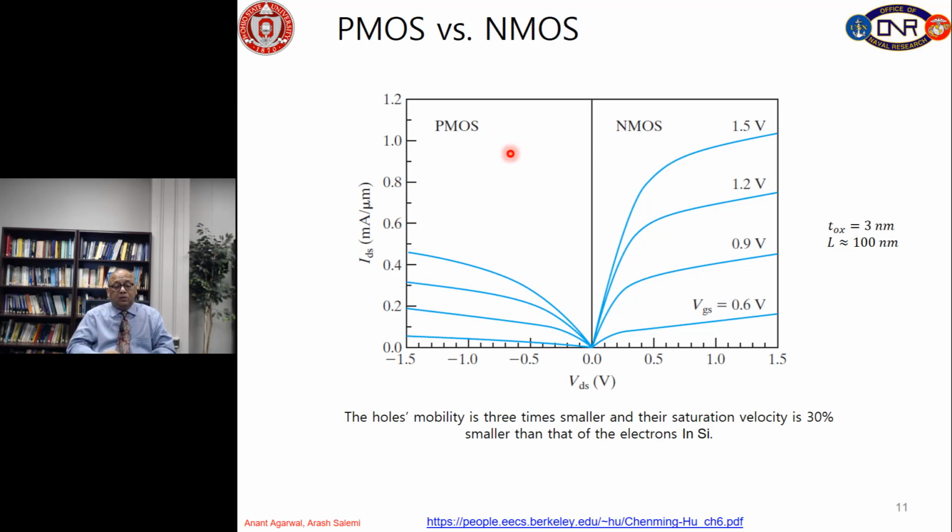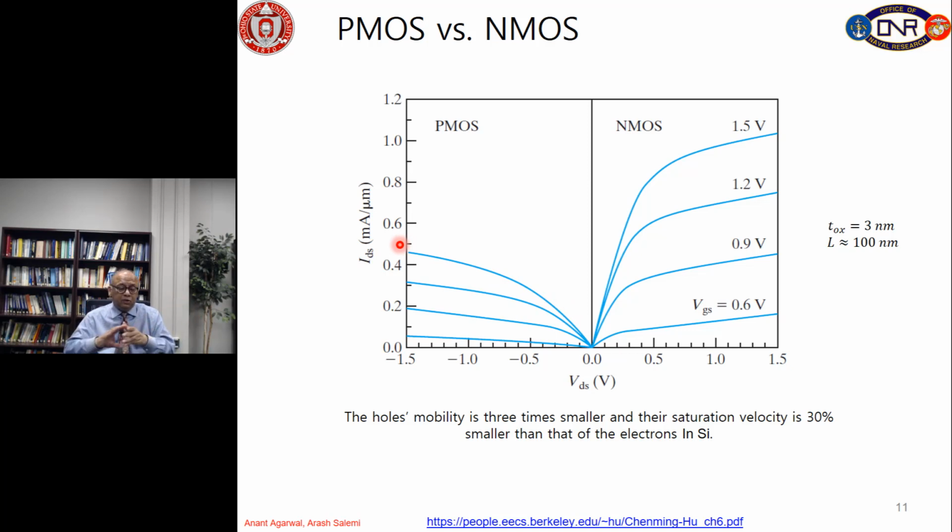The PMOS or the p-channel transistor is exactly the opposite of the n-channel transistor, and the inversion layer consists of holes, and you can see the hole mobility is roughly 1/3 of the electron mobility. Therefore, for the same geometry, we get roughly 1/3 of the current in the PMOS transistors.